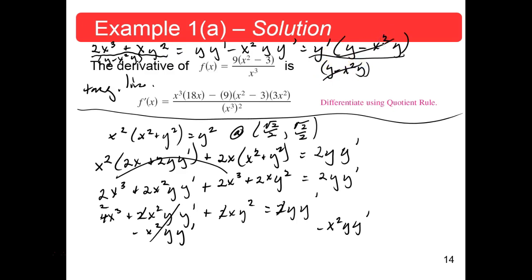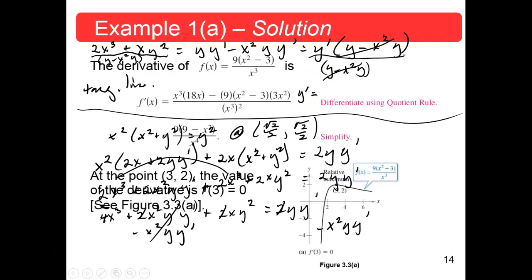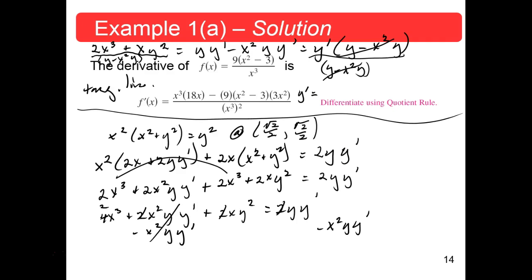So now we have y prime is equal to, oh, this is messy over here, but hopefully you see it. Now I'm going back to Ryan's idea of factoring out the x up here, just in the numerator. So that's going to have an x in it: x times 2x squared plus y squared.